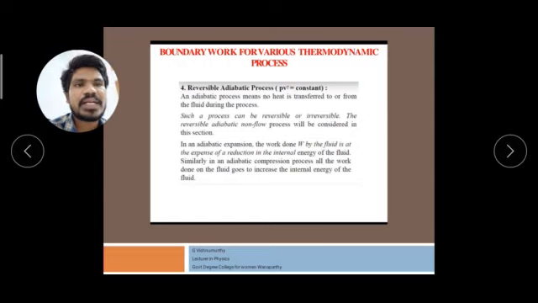In an adiabatic expansion, the work done by the fluid is at the expense of a reduction in the internal energy of the fluid. Similarly, in an adiabatic compression process, all the work done on the fluid goes to increase the internal energy of the fluid.